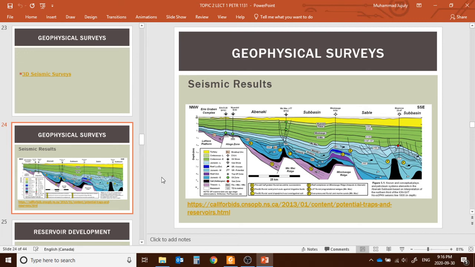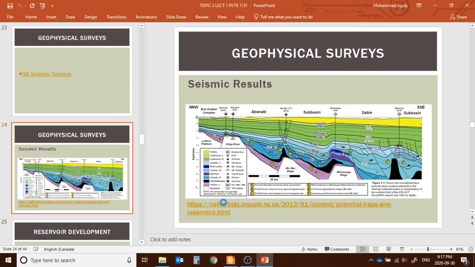Now when you do all these surveys, you have lots of data, and from this data you have to interpret how the data lines up.